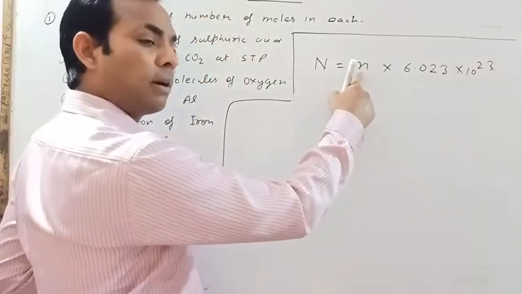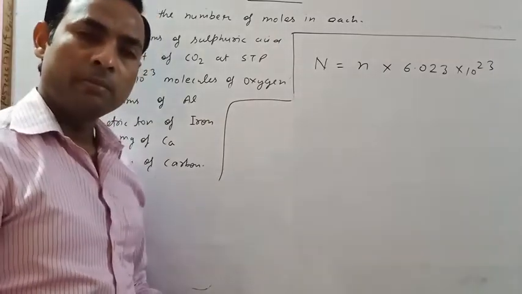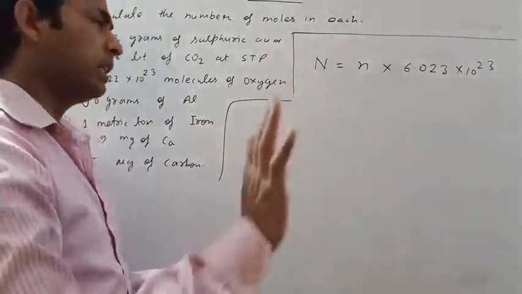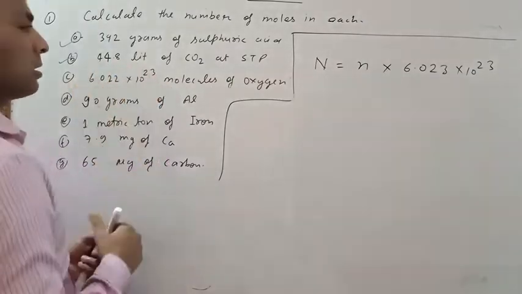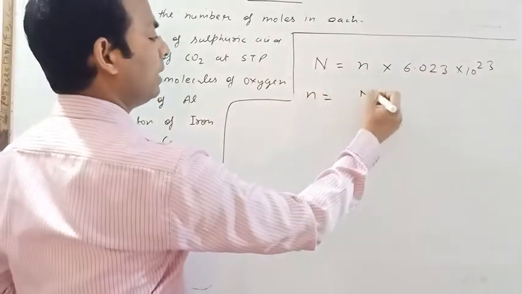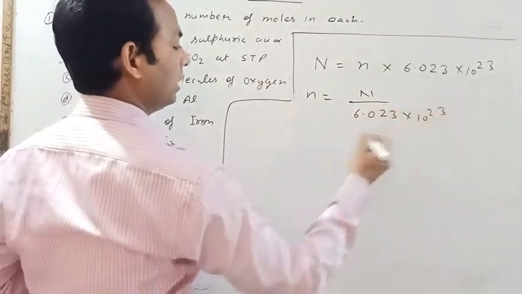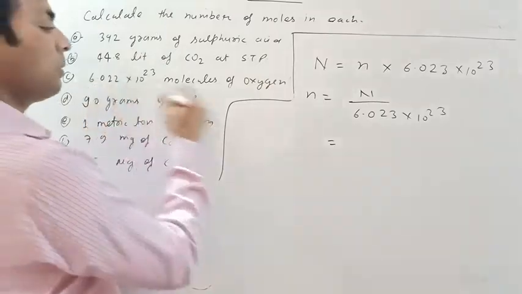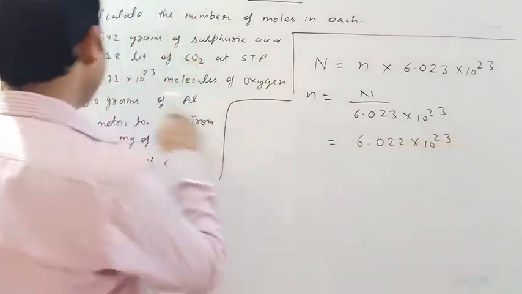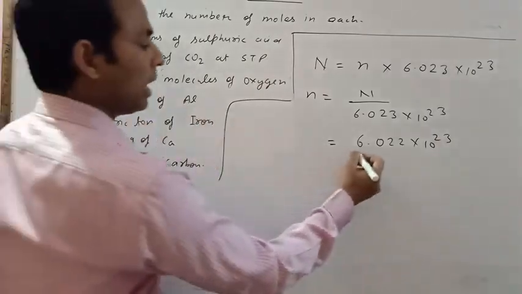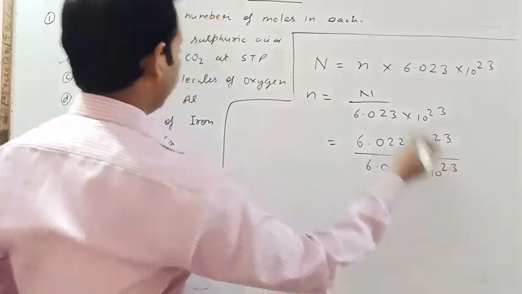Here n is the number of moles and N is the number of particles. Particles may be atoms, molecules, ions, or anything. So we can write n equal N upon 6.023 into 10 to the power 23. The N value given is 6.022 into 10 to the power 23, upon 6.023 into 10 to the power 23.